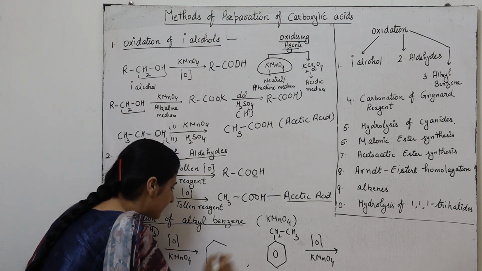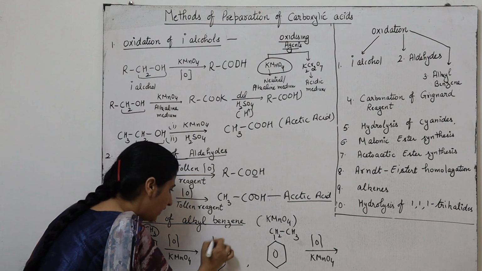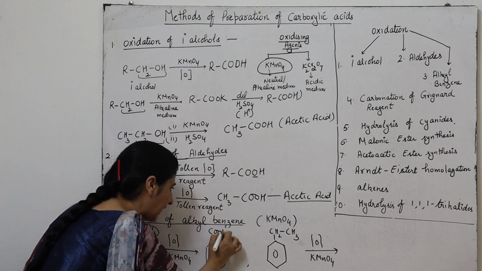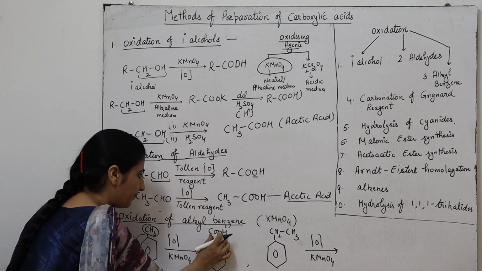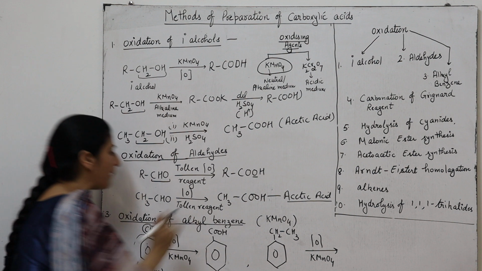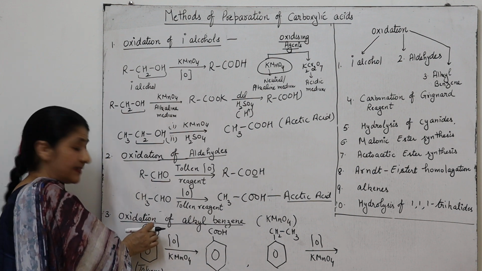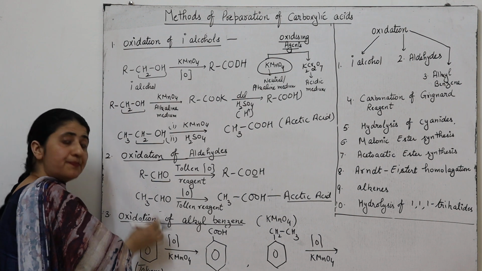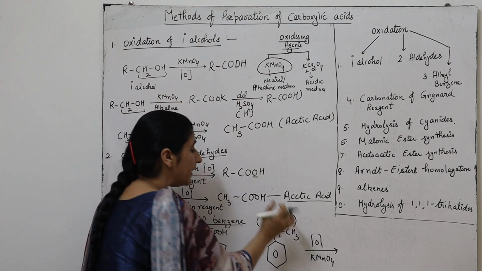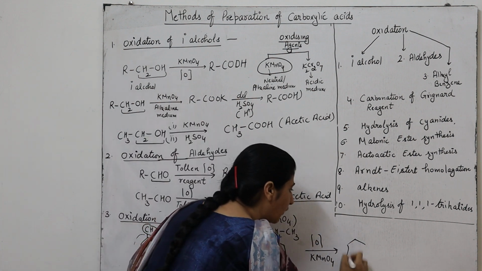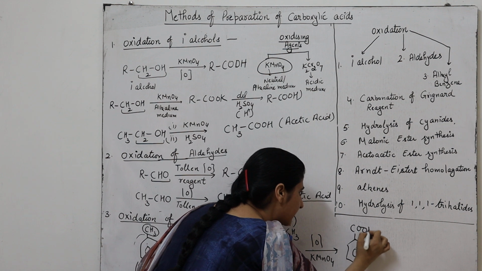So during the oxidation of alkyl benzene in the presence of KMnO4, the methyl group is converted into a carboxylic group. It does not depend upon how long the alkyl group is. If it contains 2 carbon atoms, it is oxidized into only a single carbon carboxylic acid.